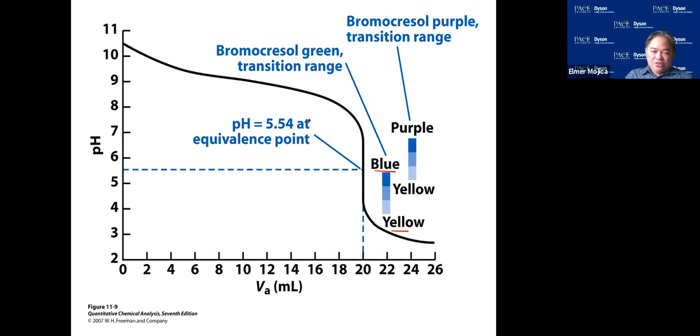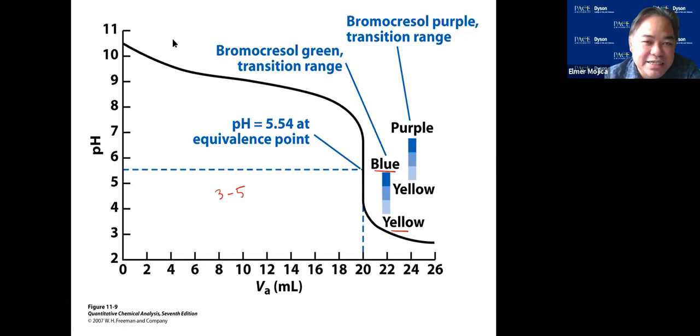So you can only use an indicator when you're looking for the pH near the transition point. So I'll ask you, can you use phenolphthalein when the pH that you're looking for is between 3 to 5? Yes or no? Okay. How about the others?